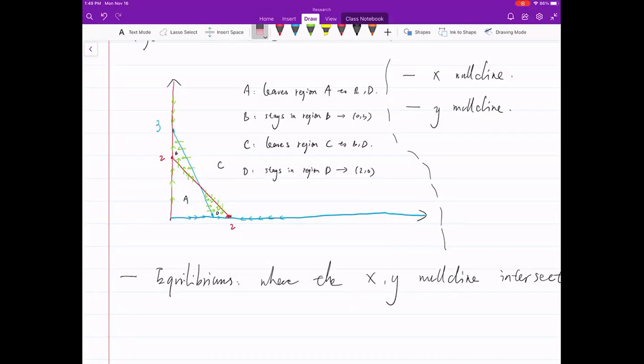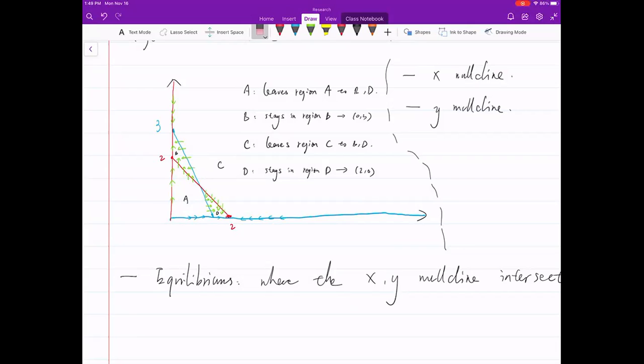Basically, you just talk about, if you stay inside, do you stay in, or do you actually come out? Okay, so that's one way to do qualitative analysis for nonlinear systems. That's roughly it. I don't think there's anything else I need to talk about here.